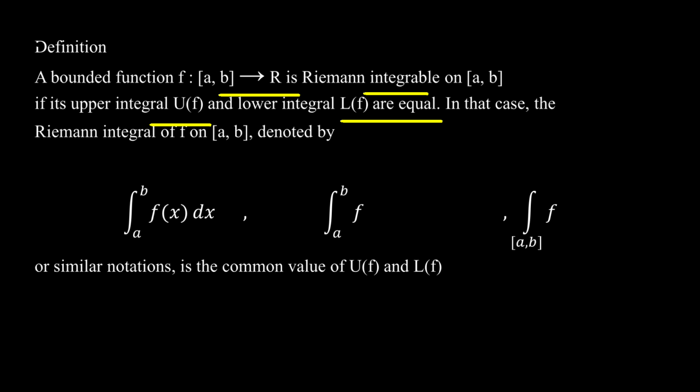In that case, the Riemann integral of f is denoted by this, or this, or this. Either of these gives the proper notation of the Riemann integral of the function on a given closed interval. They are the same as the ones that we have just used above.